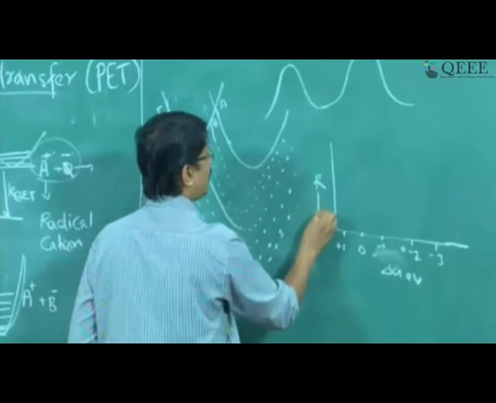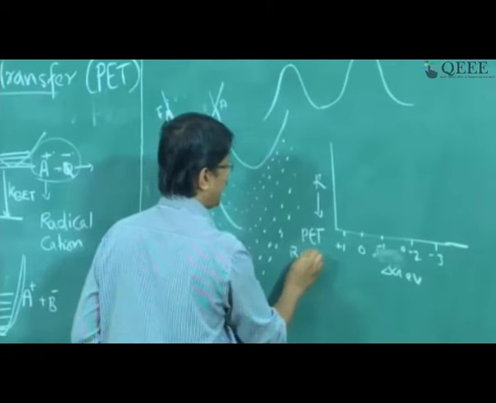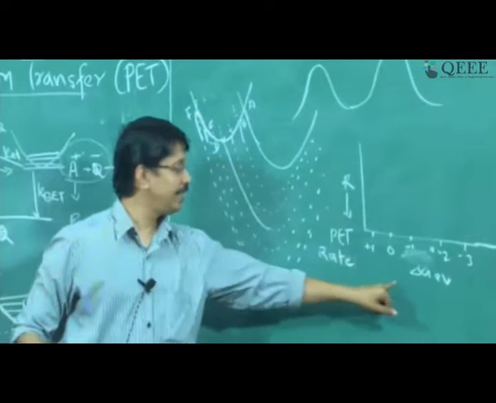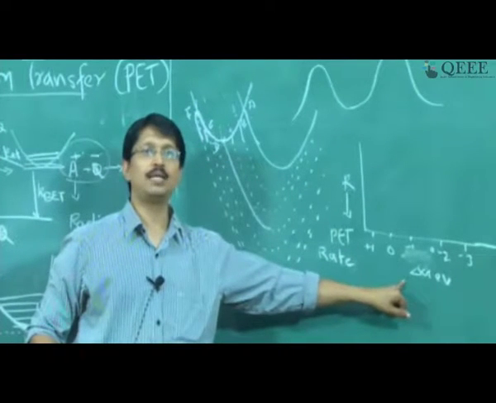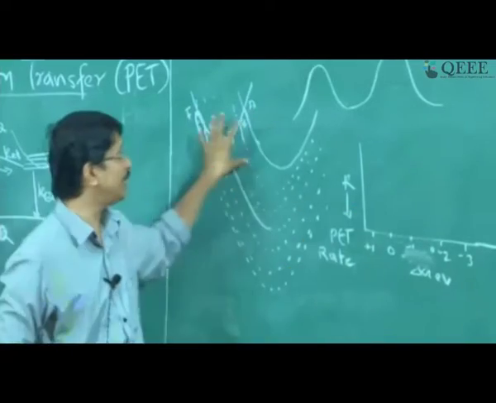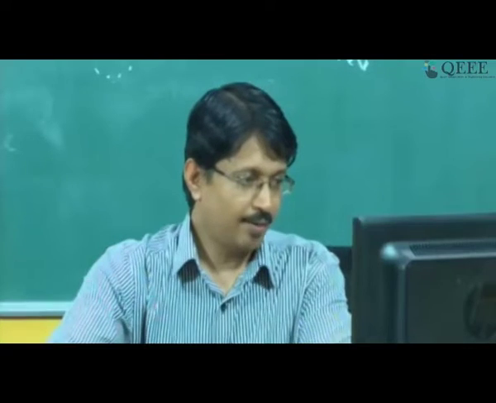This is the electron transfer rate constant, the PET rate. Plot rate versus delta G, the Gibbs energy change. How does this plot look? From this graph you will be able to do it. I want you to comment on the shape of the graph.